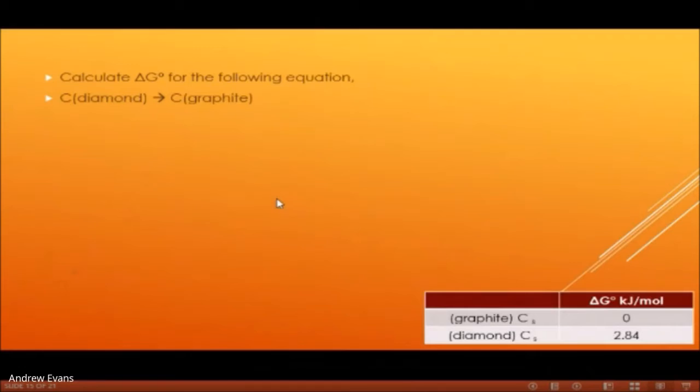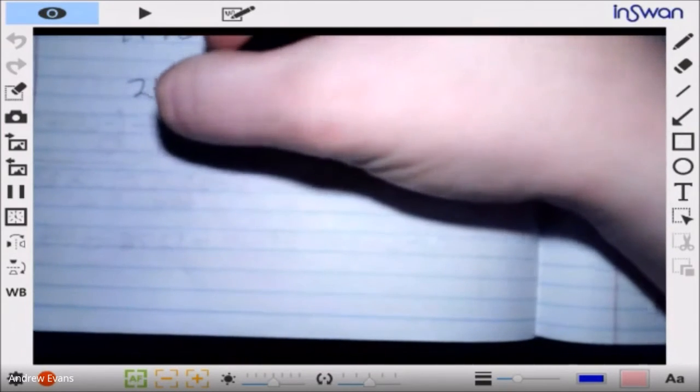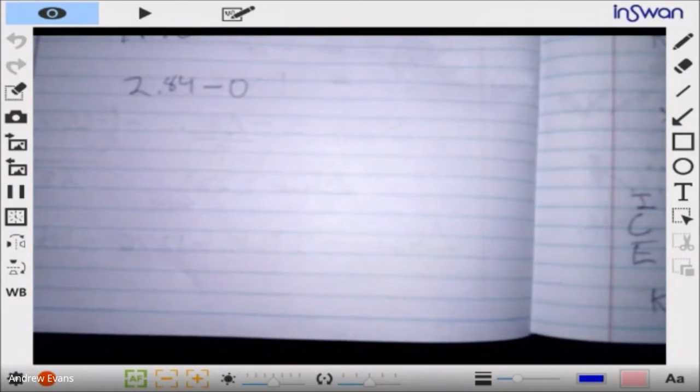But just a quick one: calculate the delta G standard for the transition of diamond to graphite. Real quick, diamond is 2.84, and graphite is the standard state, so 2.84 minus 0 is going to be... what did I do wrong?